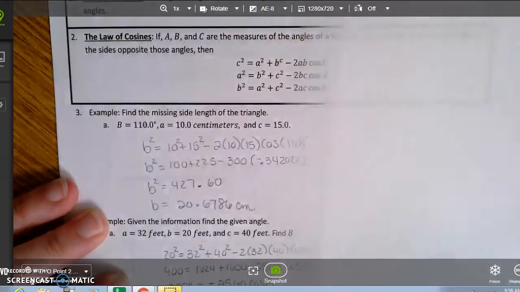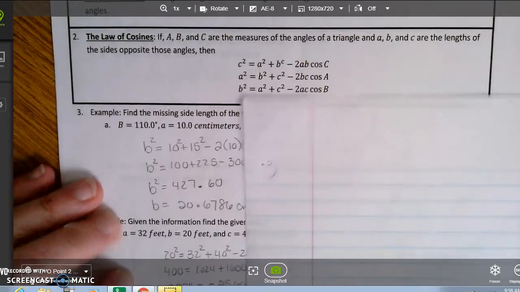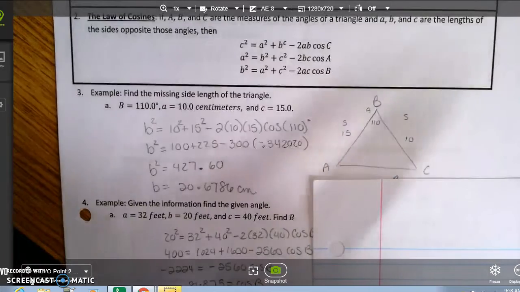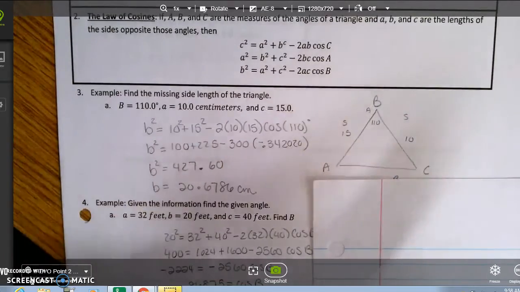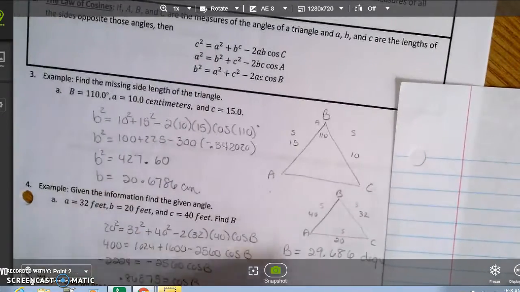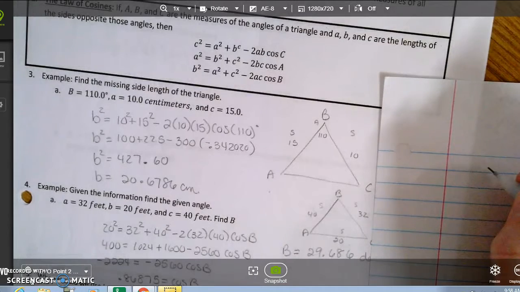Okay, so if I wanted to find the missing angle, what I would do is take the same information that I have here. So I have my triangle. I know angle B, and let's say I'm trying to find angle C. So I'm going to use the formula for C squared.